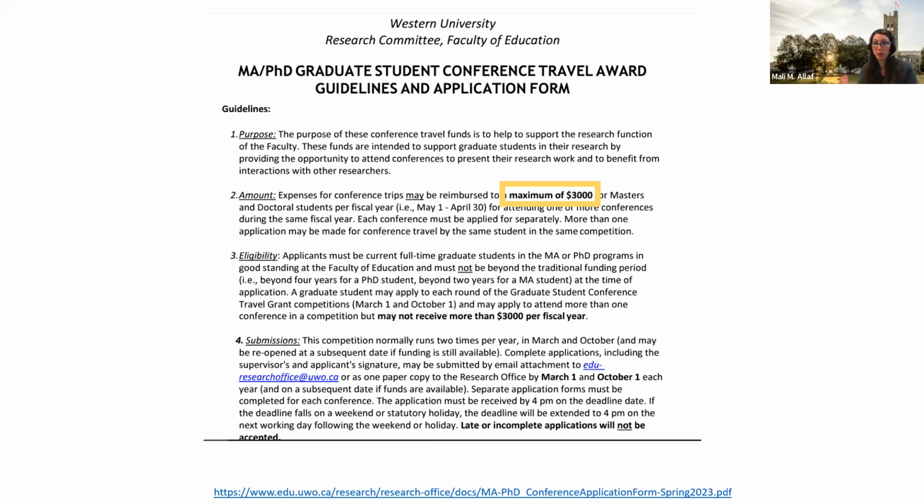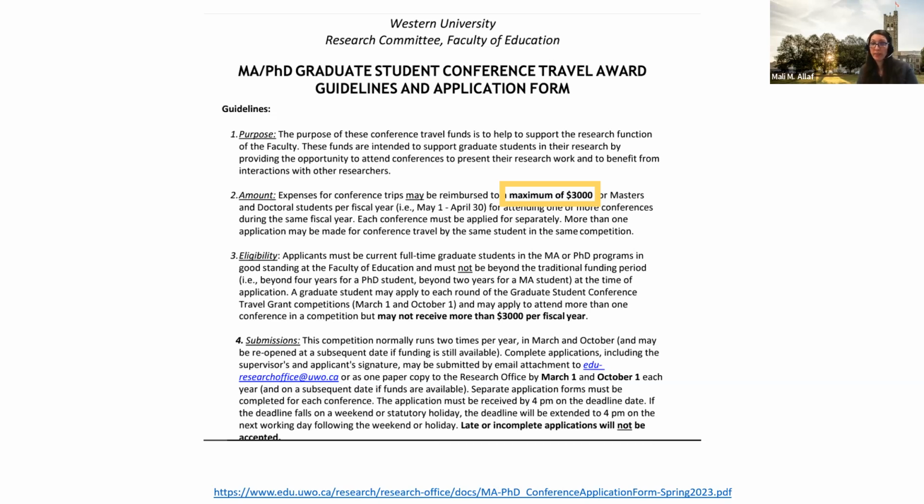So if you're applying for different conferences and the amount is more than 3,000, we can only support, if you're eligible, up to 3,000. And you have to find another source of funding for the rest of the money.